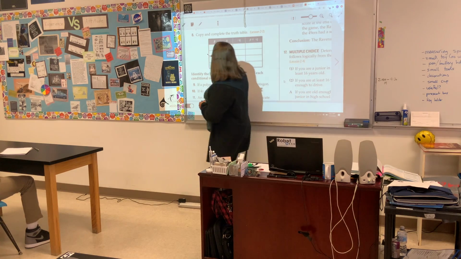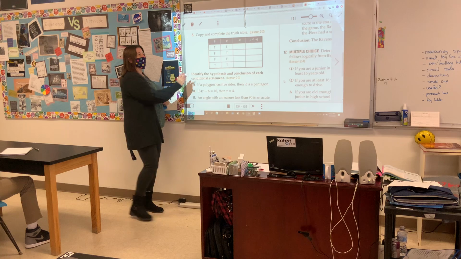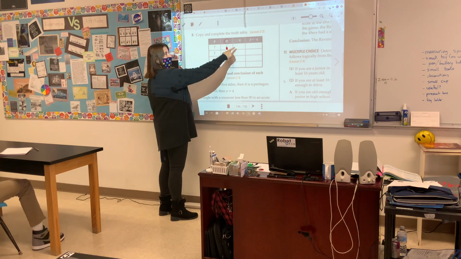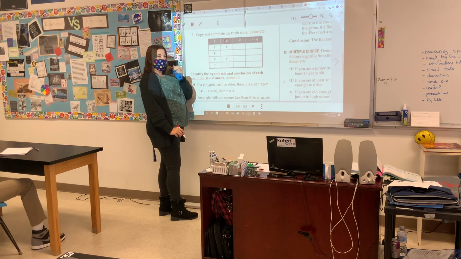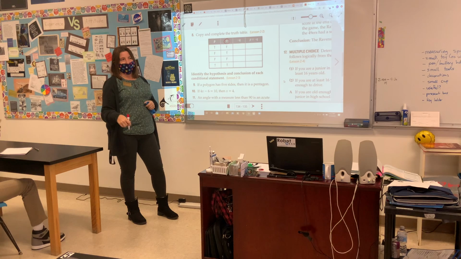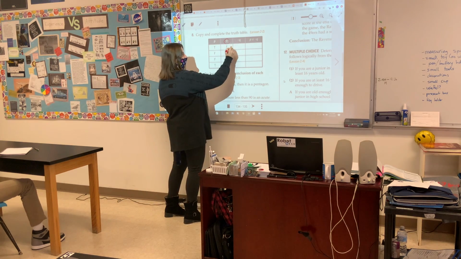Okay, copy and complete the truth table. Okay, if we have Q with these values, what are my not Q values? How can I figure out what the not Q values are based upon Q? Just reverse, because not Q is the opposite.